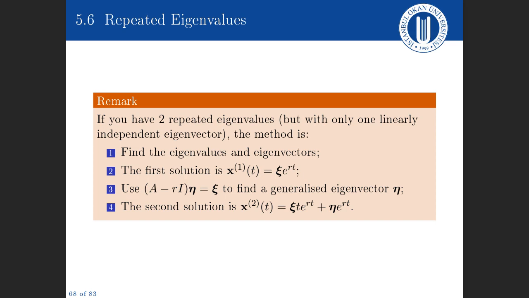And then as soon as we know eta, we can write down that the second solution is xi t e to the power rt plus eta e to the power rt.